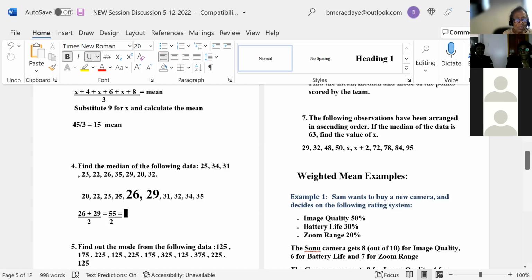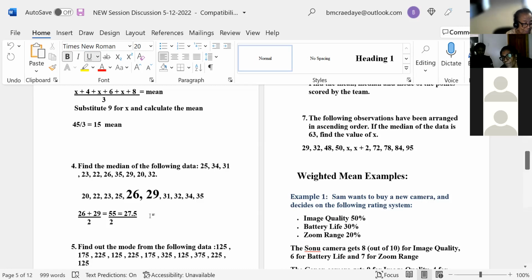Half of 1 is just half, 0.5, right? So what would be the answer, Alva? You have 27, and the half of the 1 is 0.5, or 1/2.